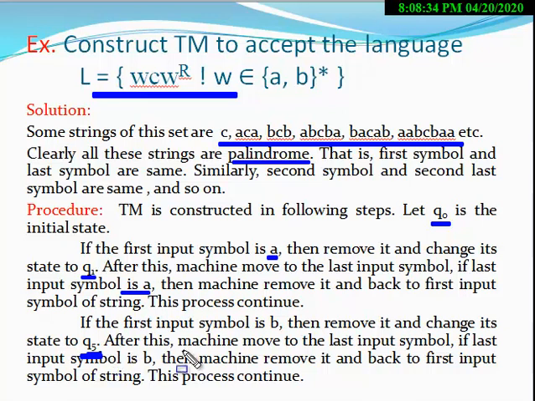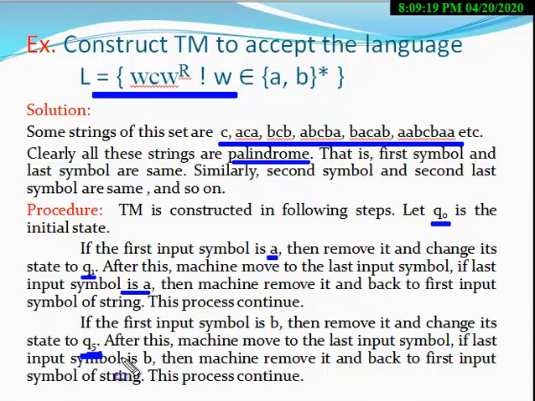After changing the state from Q0 to Q5, the machine moves to the last symbol of the tape. As soon as the machine reaches the last tape symbol, it checks whether it is B or not. If it is B, then the machine removes it, moves to the left direction and goes to the first tape symbol and checks it again.